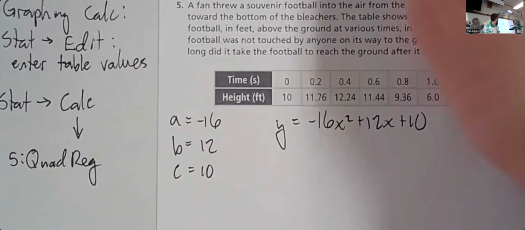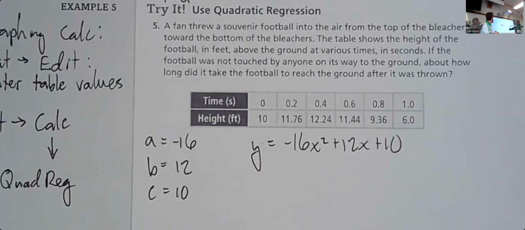Let's go back to the problem real quick. If the football was not touched by anyone on its way to the ground, about how long did it take the football to reach the ground after it was thrown?